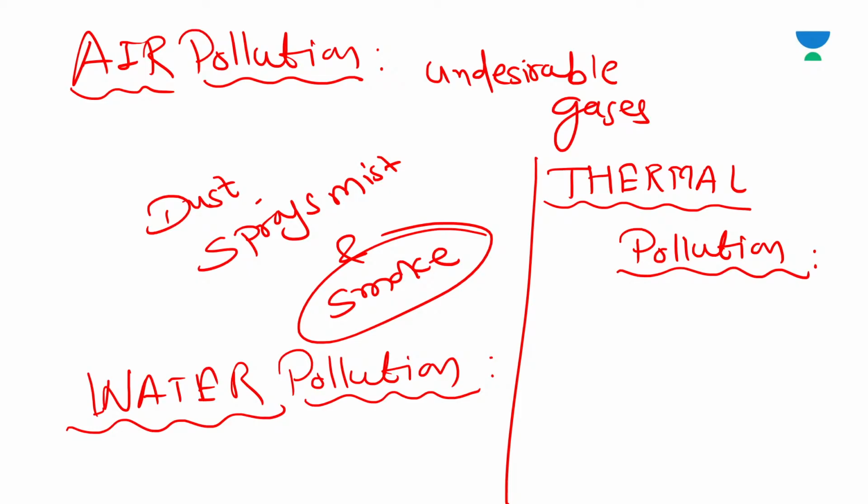So thermal pollution of water occurs when hot water from factories and thermal plants is drained into rivers and ponds before cooling. Then what would be the effect on aquatic life?